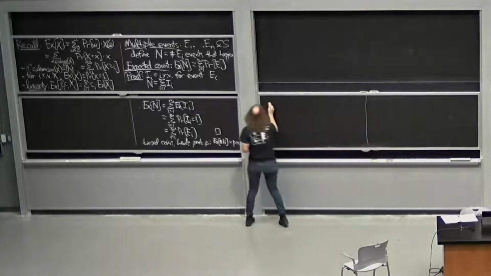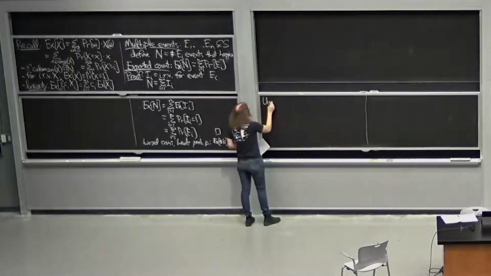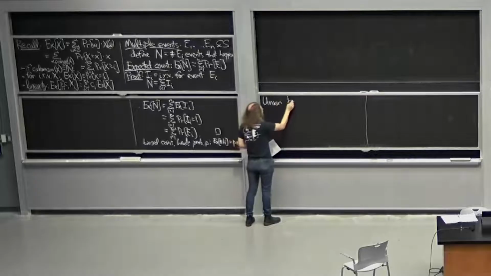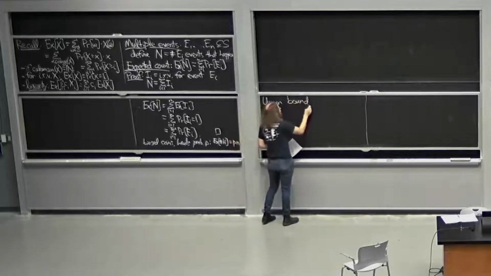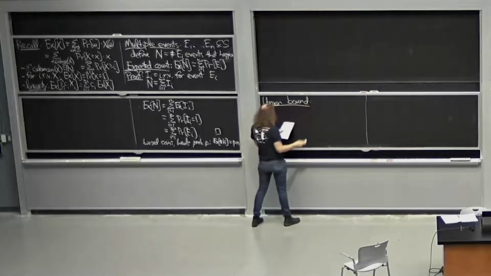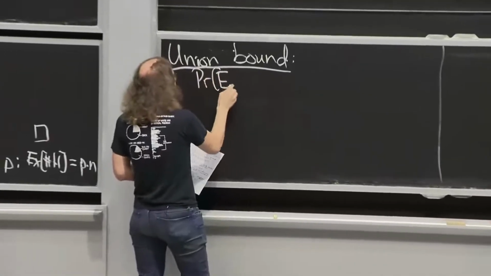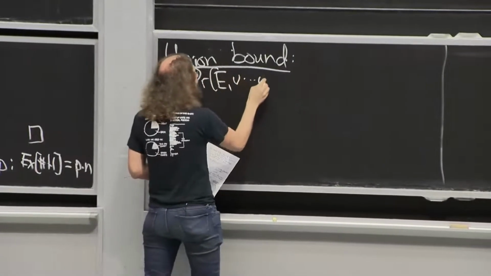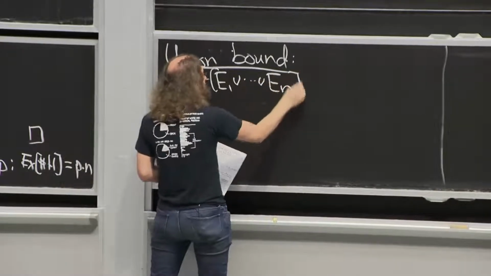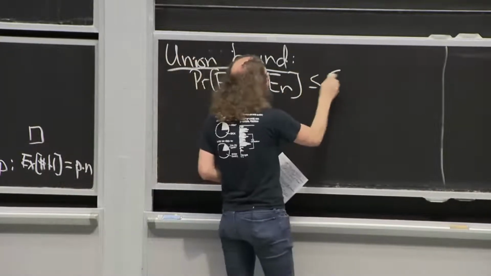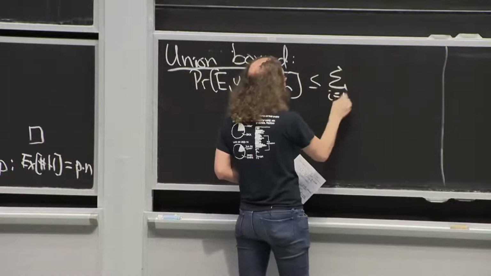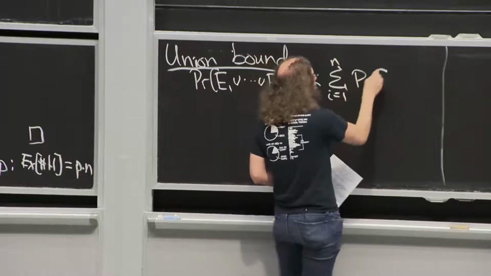So let's start with a very simple upper bound called the union bound on the chance of something happening. So this is the probability of the union, hence the name union bound, is at most the sum of the probabilities of the events.